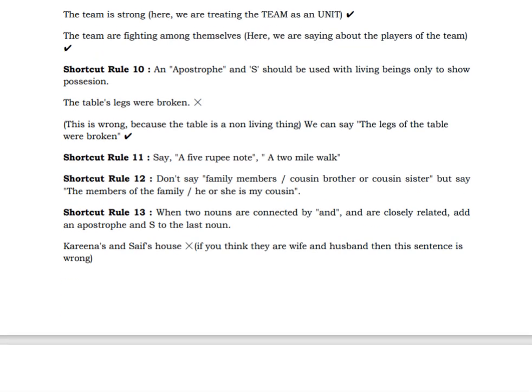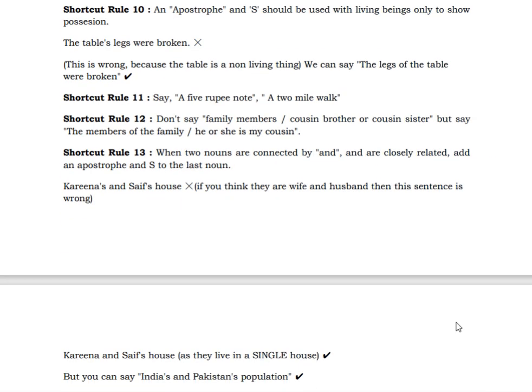A 5 rupee note. See, this example quite often comes. A 5 rupee note. A 2 mile walk. It's not 2 miles walk. 5 rupee note. 2 mile walk.